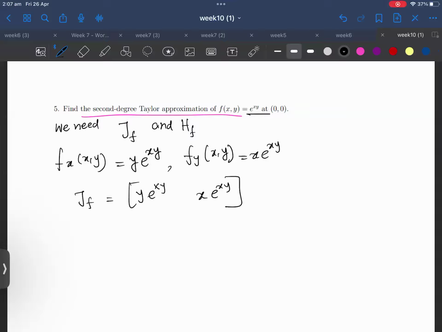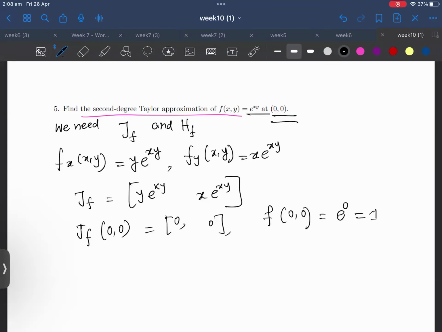So the Jacobian at this point, JF at (0, 0), is (0, 0). So f of (0, 0) is e to the power 0 equal to 1. So we need to take the derivative twice with respect to x.